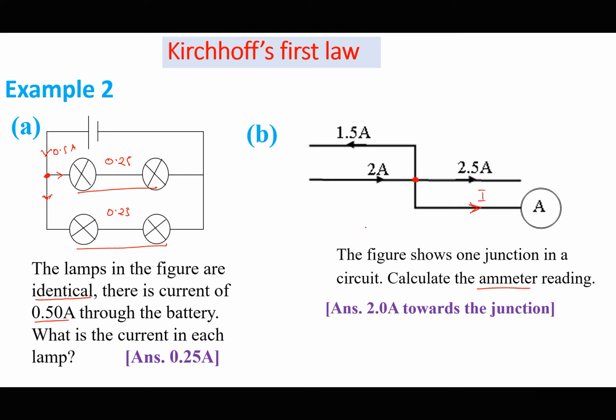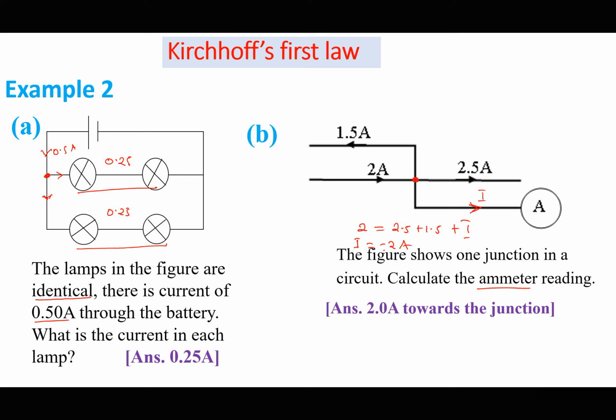So the sum of currents into the junction, 2 amperes, should be equal to the sum of currents out of the junction, which is 2.5 plus 1.5 plus I. If I is negative, it means I chose the wrong direction. So I is equal to 2 minus 4, which is negative 2 amperes.